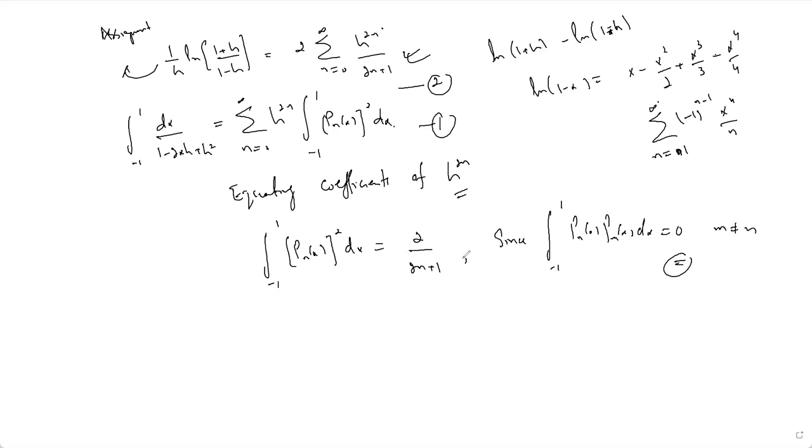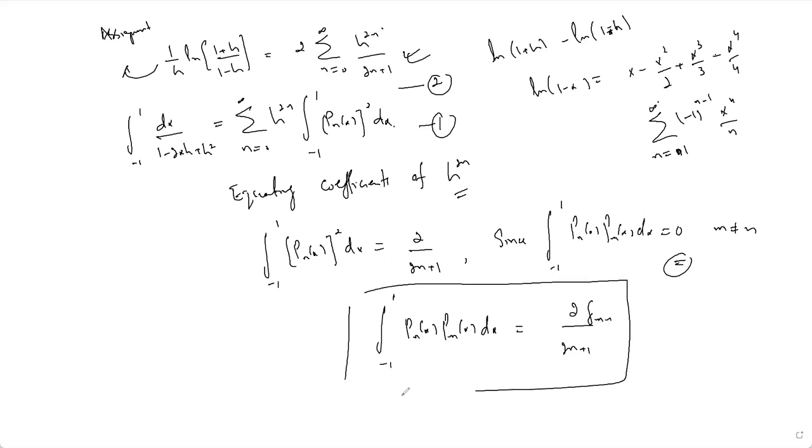Now, combining these two equations, the integral from minus 1 to 1 of pn(x) pm(x) dx will be equal to 2 divided by 2n plus 1 times delta mn, the Kronecker delta. This is what we mean by the normalization condition. This delta mn is equal to 0 for m not equal to n, and equal to 1 for m equal to n.